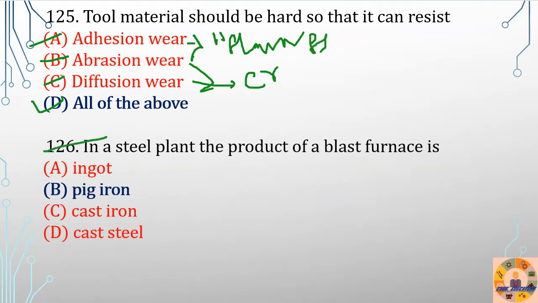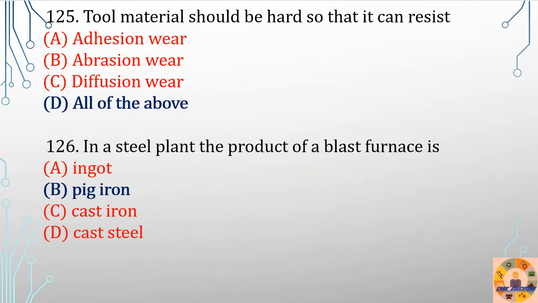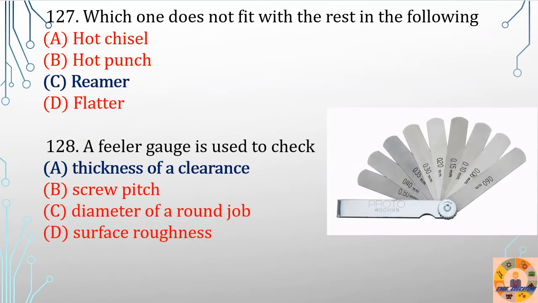Next question, 126. In a steel plant, the product of blast furnace is pig iron. So from blast furnace, pig iron is formed. Next question, which one does not fit in the rest of the following? Okay, so hot chisel, hot punch, and flatter, all related to forging.